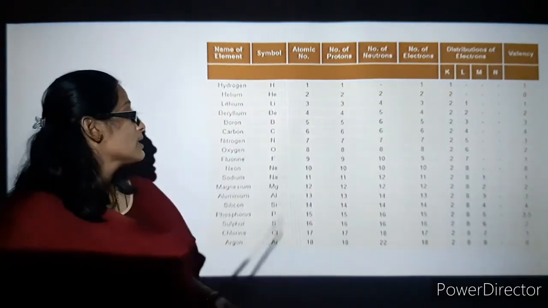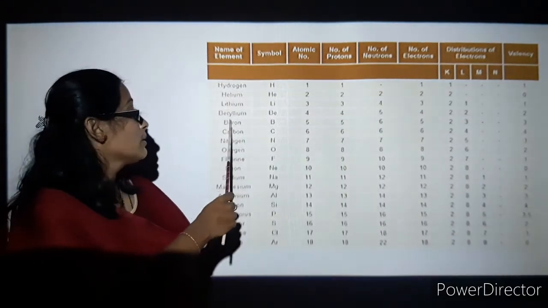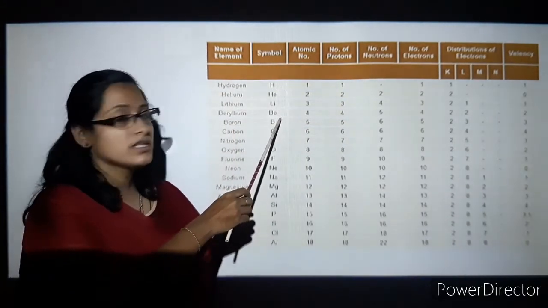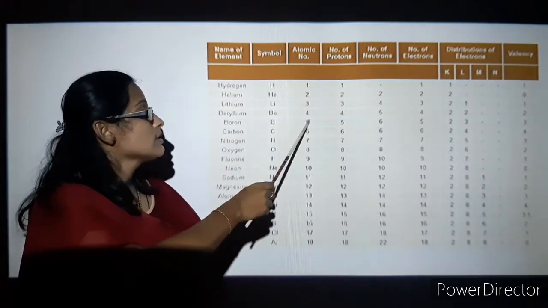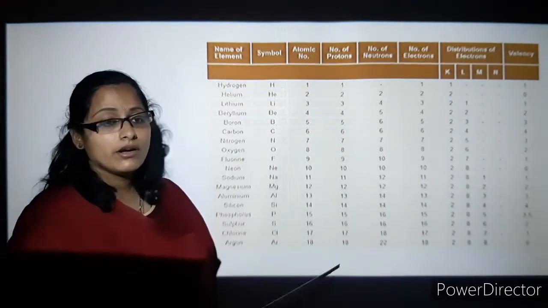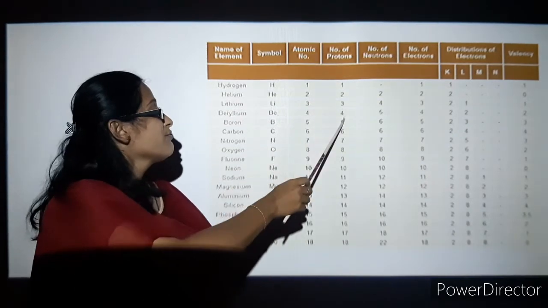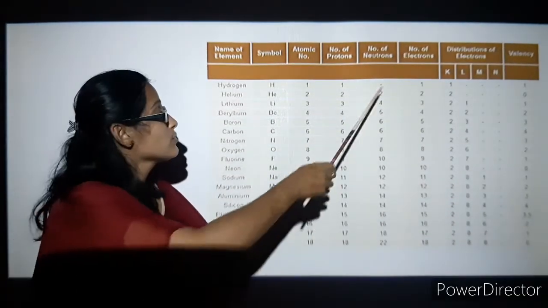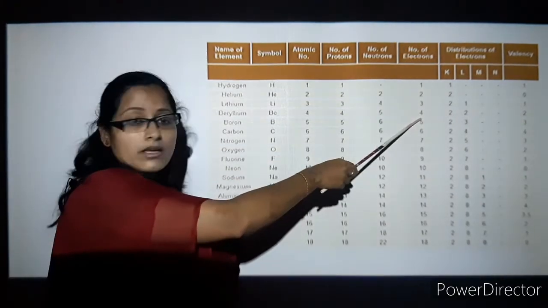Next we will see the element beryllium. So beryllium, symbol is Be, and you can see that atomic number 4. It goes in the series now, so you don't have any confusion. So number of protons is 4 and number of neutrons goes on increasing by 1. Electrons remain same, 4.